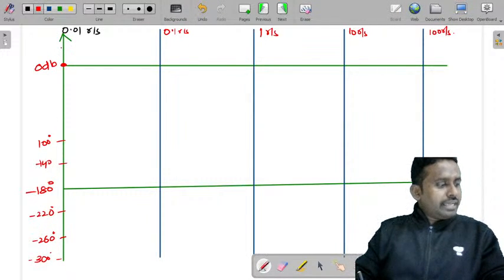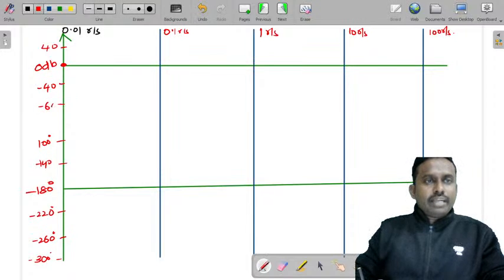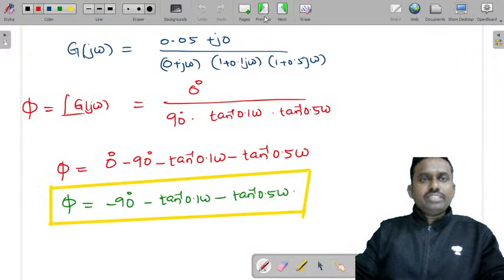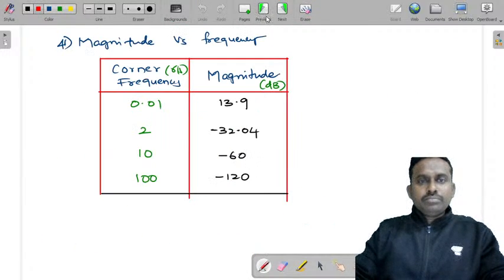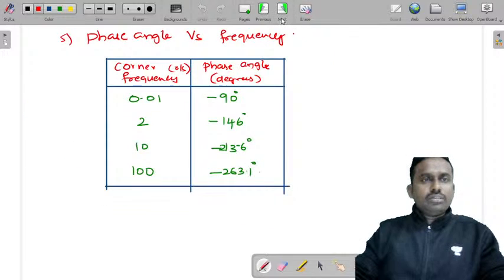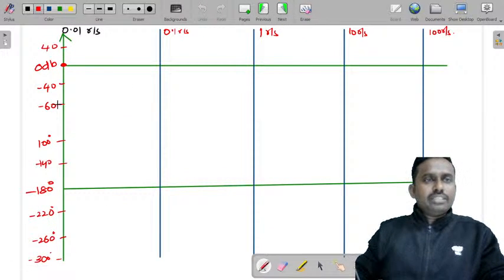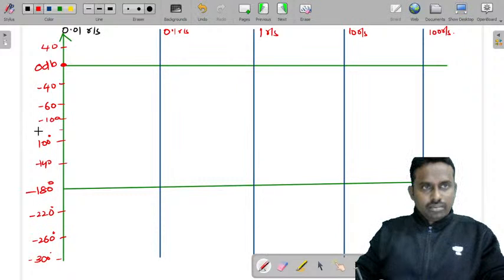Let's call this 40 dB, this minus 40 dB and minus 60. Check the magnitudes that you have. Minus 120 is also present. So 60 plus 40 is 100, and this is minus 140, right? I'm just separating this by a line like this.